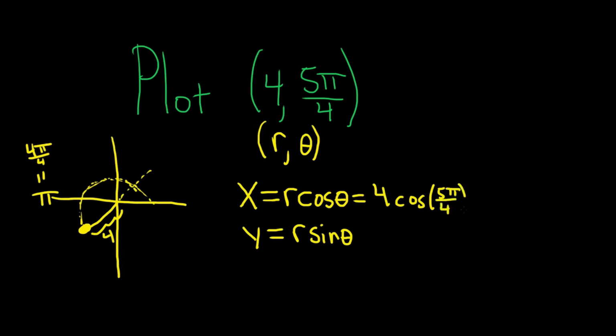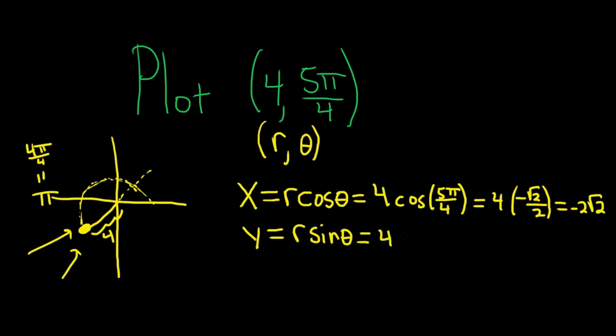The cosine of pi over 4 is the square root of 2 over 2. So 5 pi over 4 is going to be the same, except we just have to consider whether it's positive or negative. Because we're in quadrant 3, and cosine is the x-coordinate on the unit circle, it's going to be negative. So it'll be 4 times negative square root of 2 over 2. 2 goes into 4 twice, so this is negative 2 square root of 2.